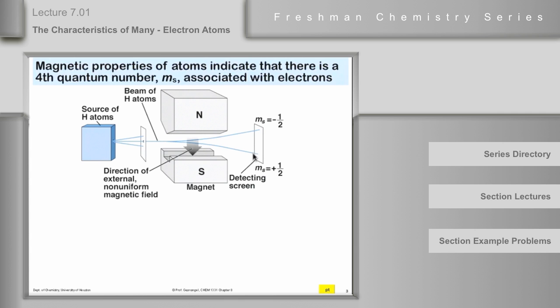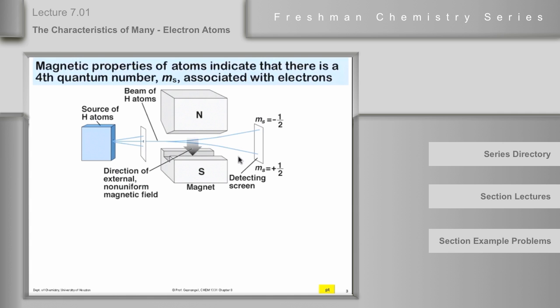So electrons in hydrogen atoms can have conceptually this spin. Now, I always had trouble as a student trying to think of this electron in a hydrogen atom as a wave and having a spin one way or another. And so what happened later on was that the Schrödinger equation was solved using Einstein's relativity model.